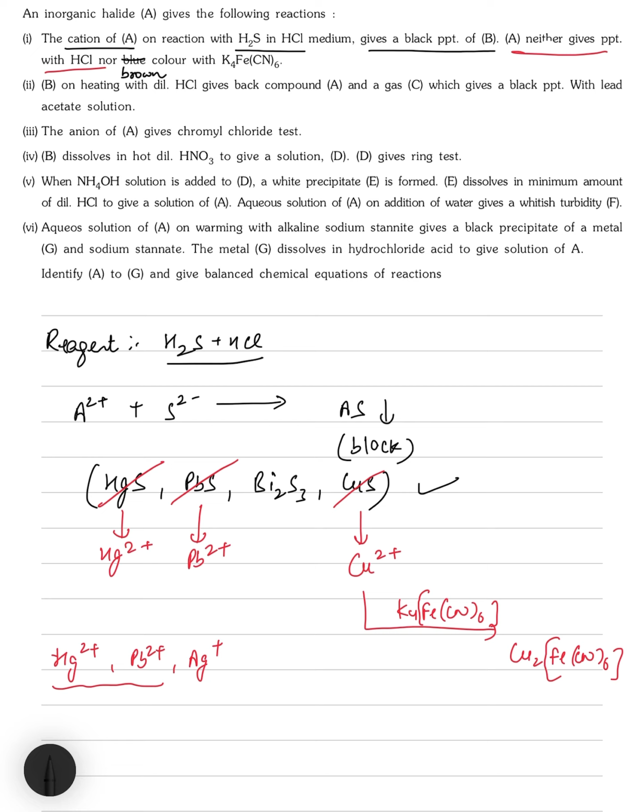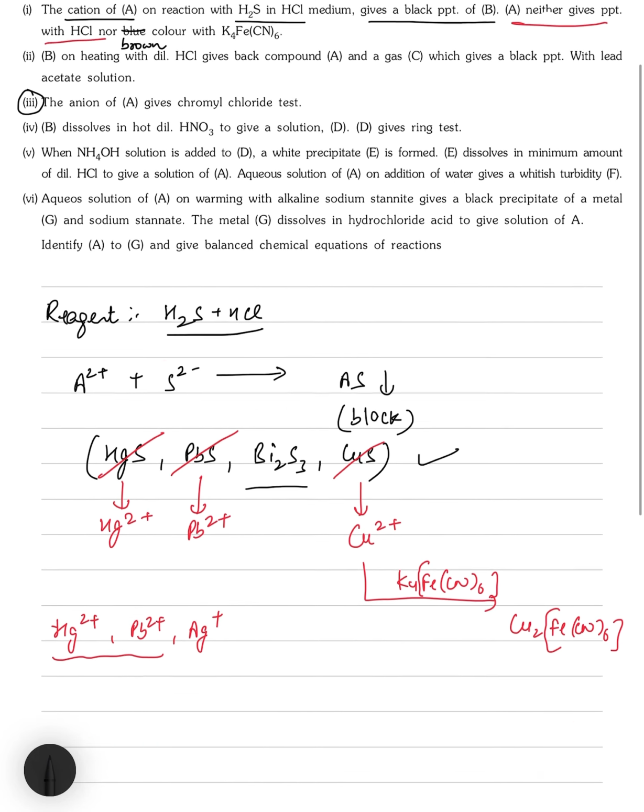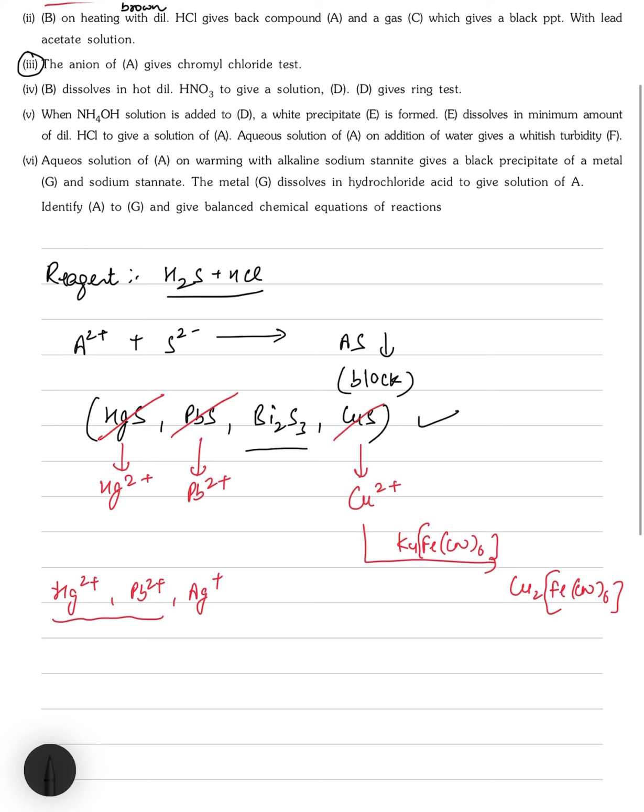Another indication that it is Bi2S3 comes from statement number 3. Statement number 3 says that an ion of A gives the chromyl chloride test. Since we are talking about an inorganic halide and the compound gives the chromyl chloride test, that inorganic halide is basically an inorganic chloride.